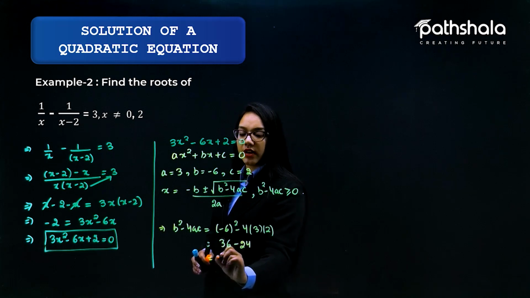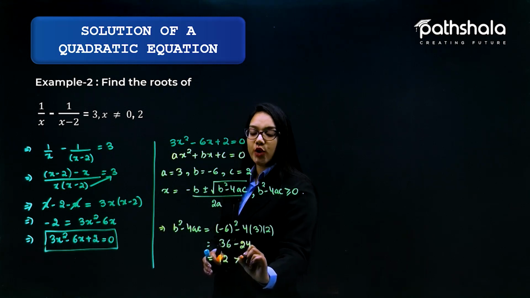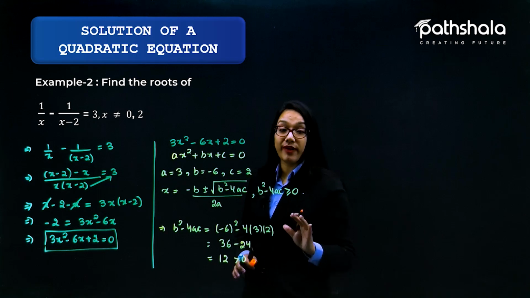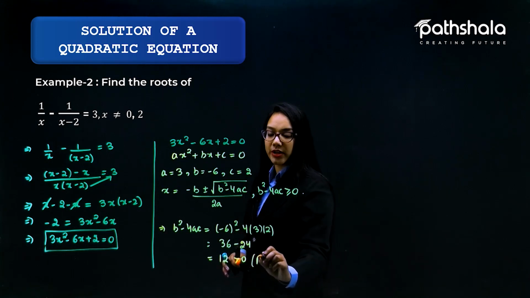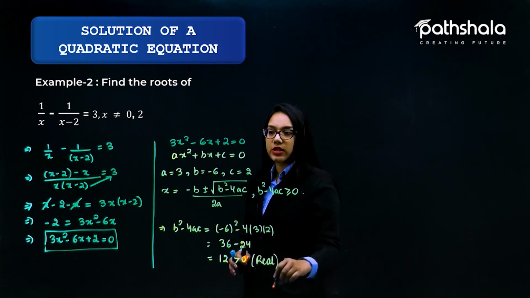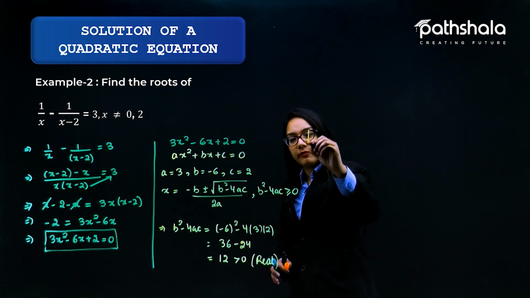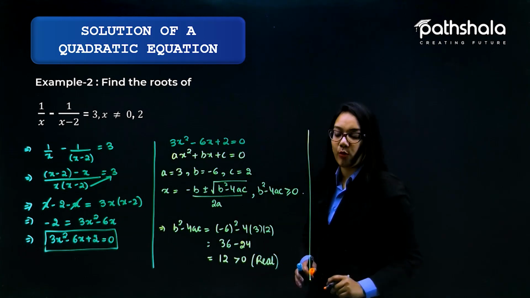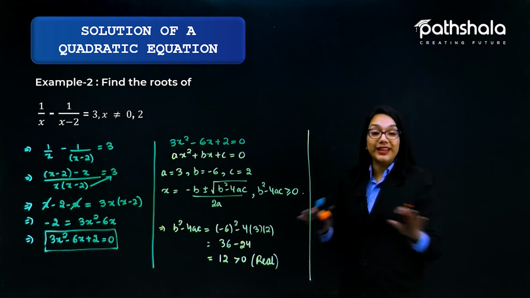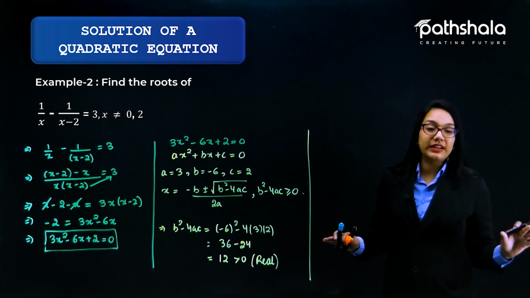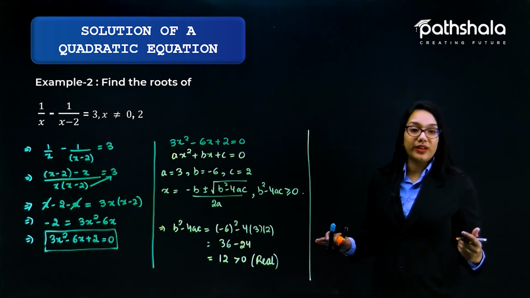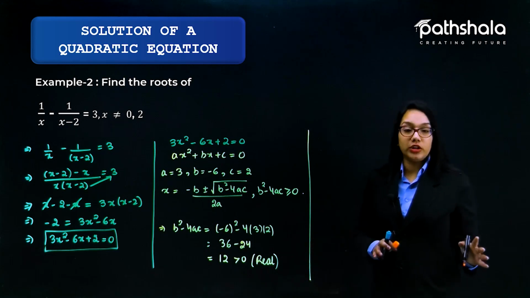So at the end we get 12, a value which is greater than 0. Hence we can find the roots, because the roots are real. If the roots are real, we move on with our formula, and if the roots are not real, we will not proceed with the steps of the quadratic formula further.